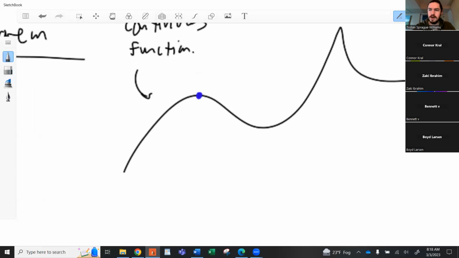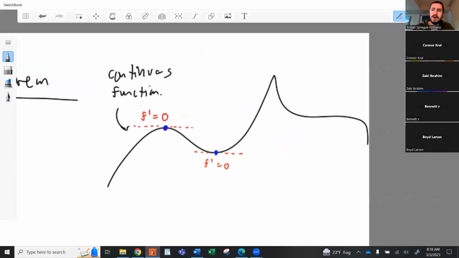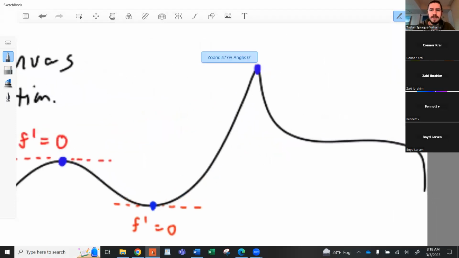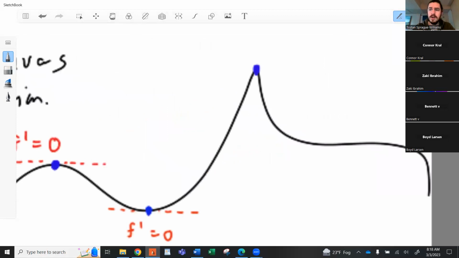Either they're going to occur at points where the tangent line is horizontal, so the derivative of the function will be 0. That's the case there and there, for example. Or they're going to occur at a point like this one, a cusp or a corner, where f prime is undefined.